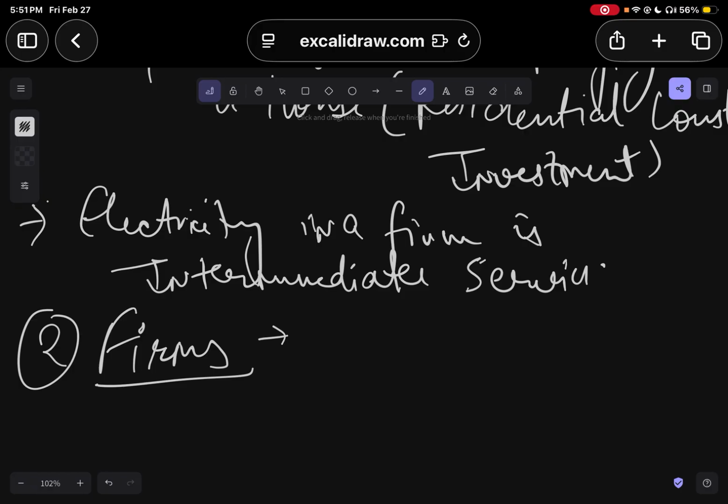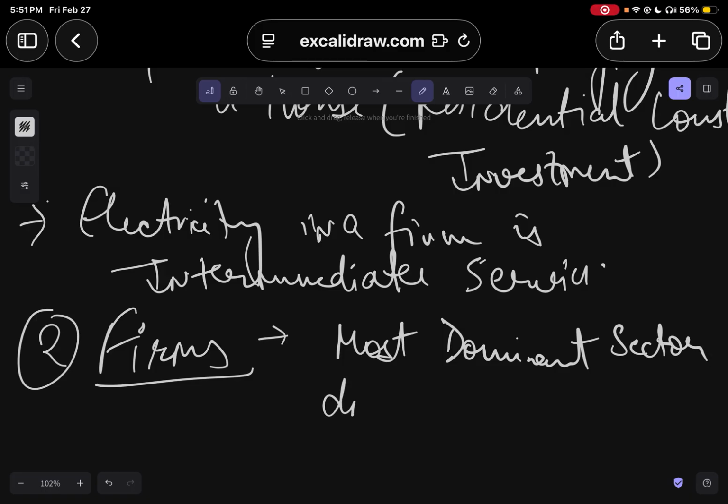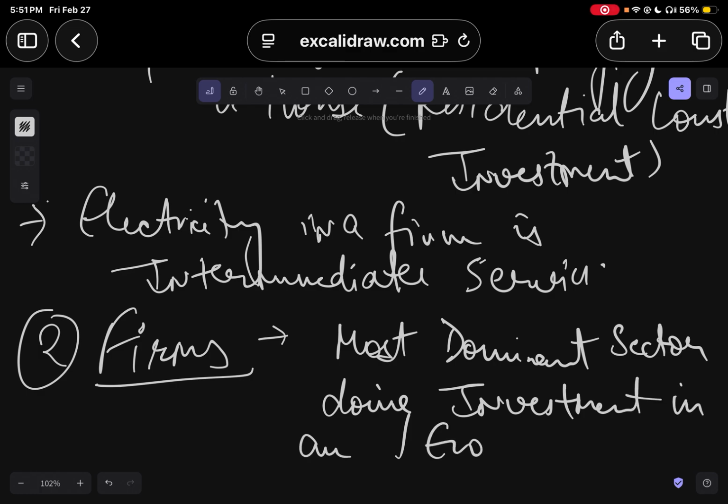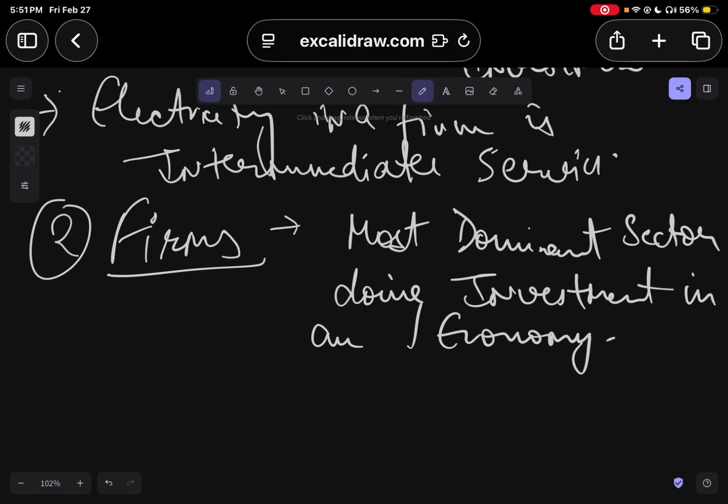Firms are the most dominant sector doing investment in an economy. Investment is net addition to capital goods, or any new purchase of capital goods.